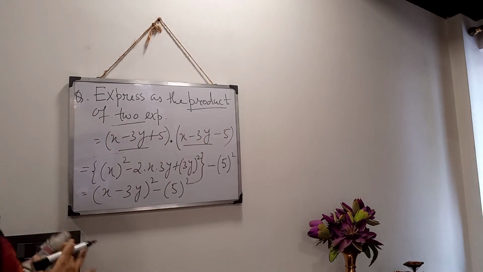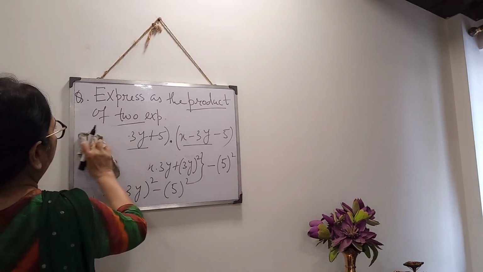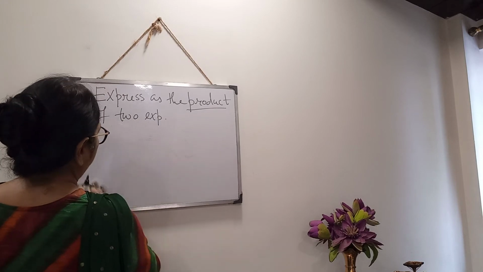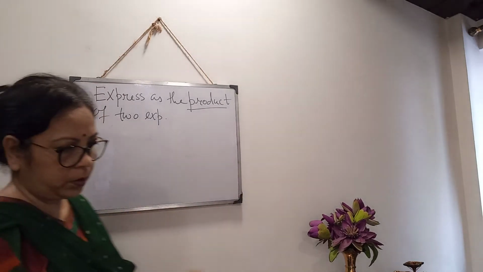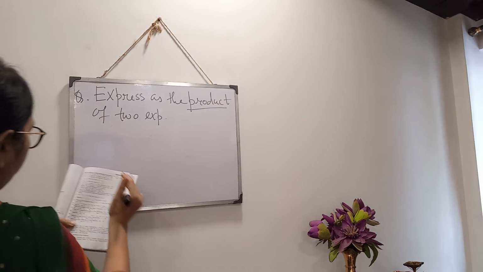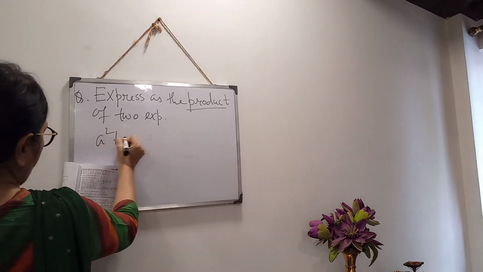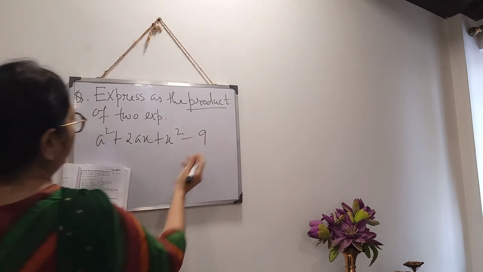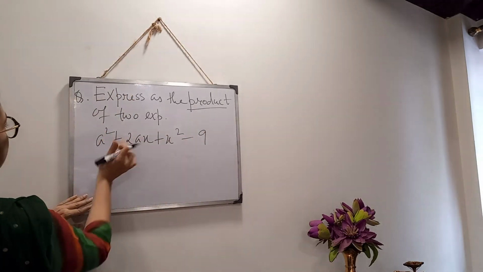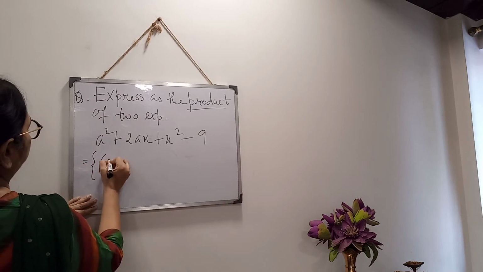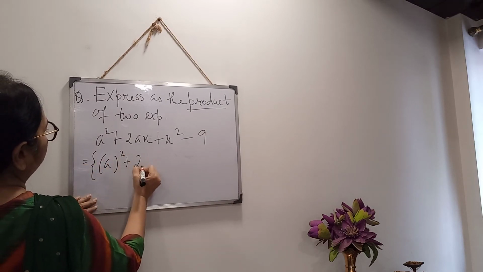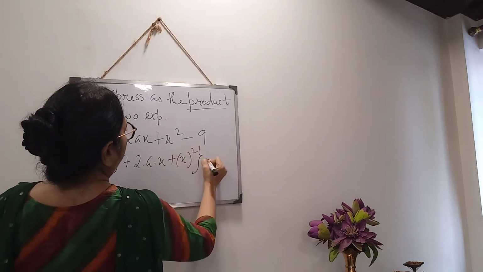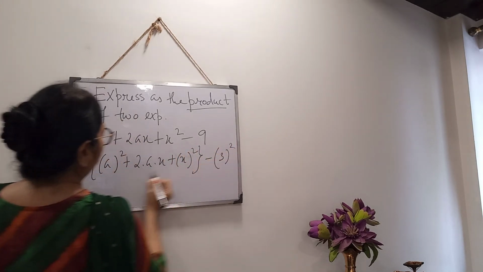Clear? If the sum is in this form, same, express as the product of two expressions. Next one, a square plus 2ax plus x square minus 9. Then again these three terms take together, a square plus 2 into a into x plus x square, and minus 9 means we can write 3 square.